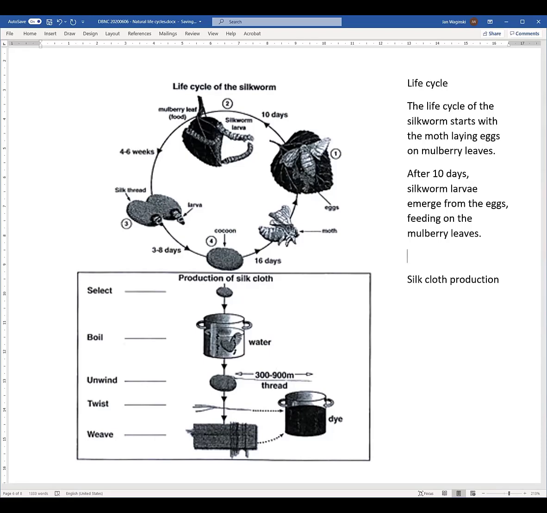The cocoon. Actually, now we are in stage 3, and don't forget the time. Oh, yeah, 4 to 6 weeks, and then the larvae emerge from the silkworm. We're still on number 3.